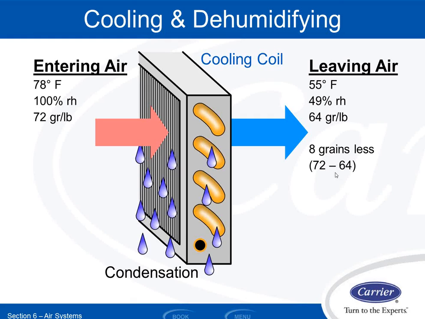That reduction in moisture, 72 minus 64, is 8 grains, an indicator of my latent cooling capacity. My sensible cooling is 78 degrees minus 55 degrees, so I did 23 degrees of sensible cooling and 8 grains of moisture removal on my latent cooling.